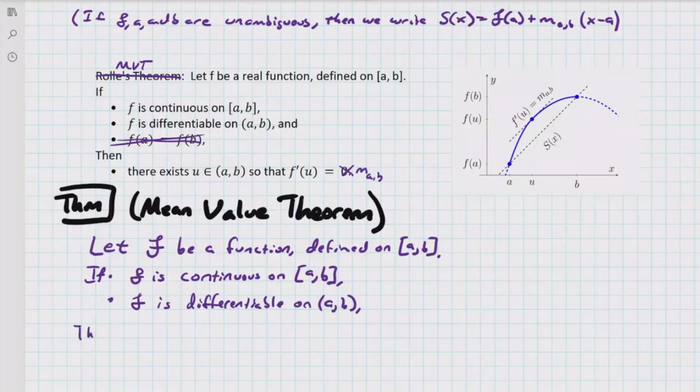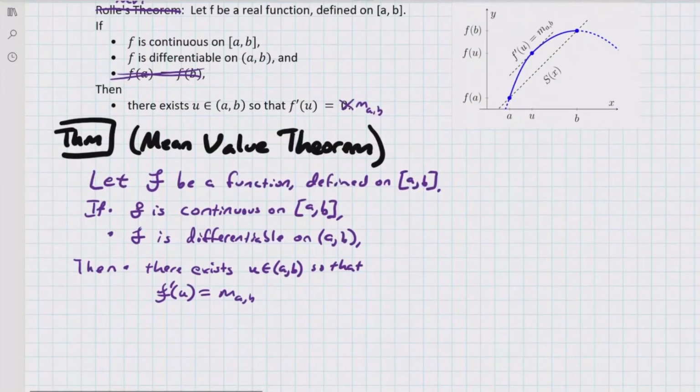there exists u in (a,b) so that f prime of u equals m_{ab}.